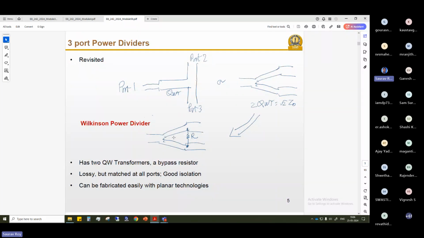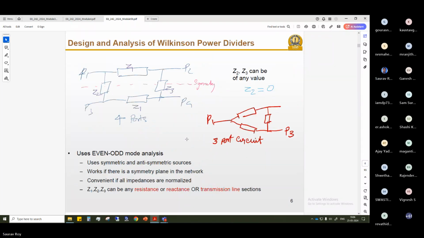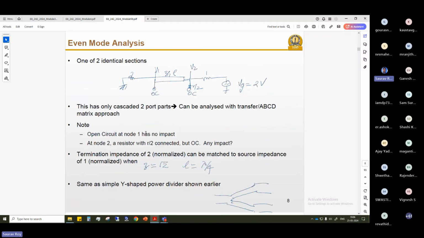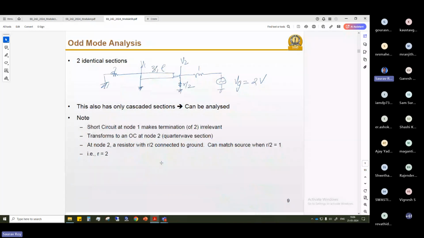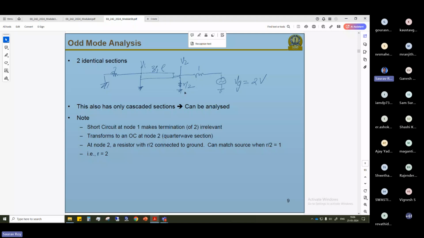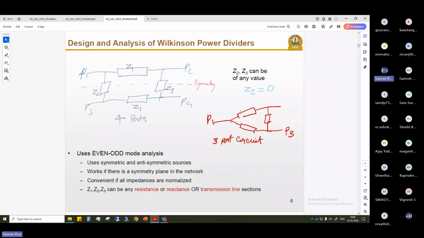This matching section has a characteristic impedance of root 2 Z naught. That is what we get from the even mode analysis. And the odd mode analysis tells us the resistance between port 2 and 3, which is isolating port 2 and 3, has a value of 2 Z naught, that is 100 ohm. This is as plain as that.